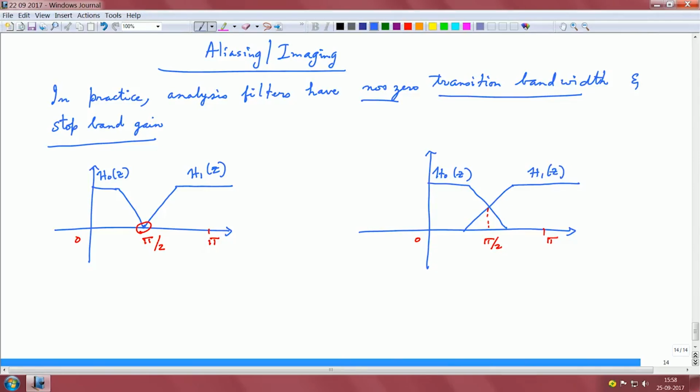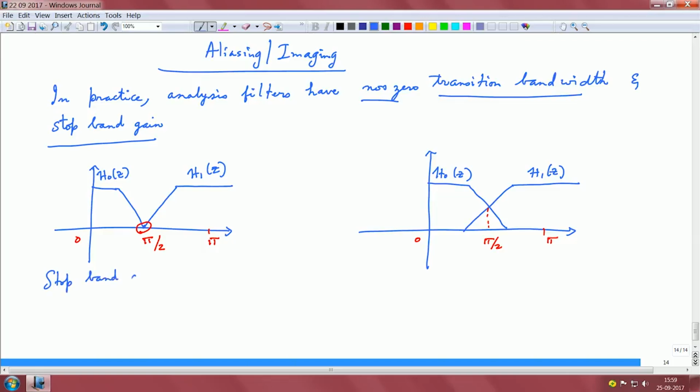Now, you might imagine what is happening here. In this case, the stop band attenuations are sufficiently large and the effect of aliasing is not predominant. So, I will just note it down here.